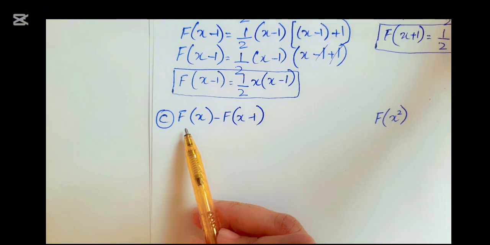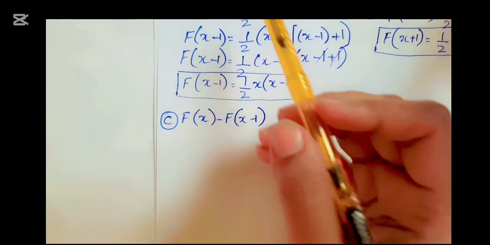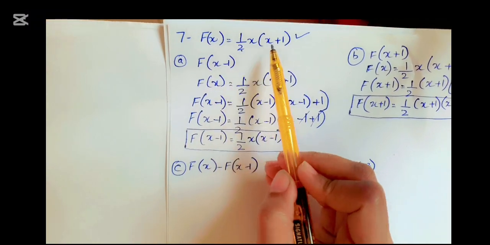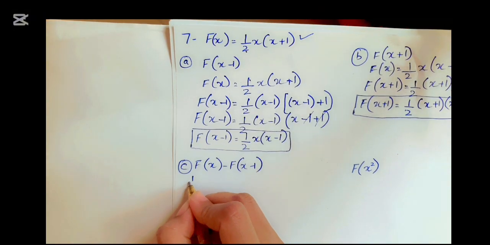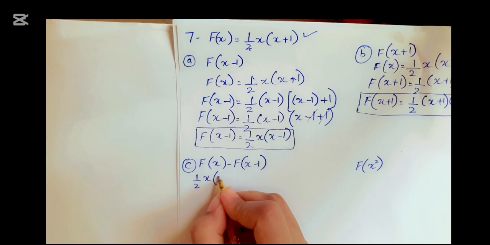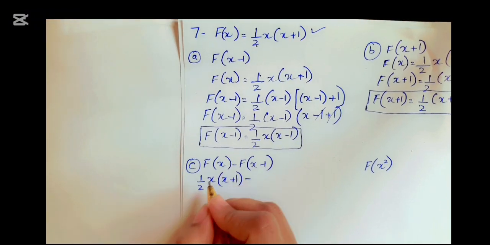Now move to part C. Part C is f(x) - f(x - 1). So see over here, the value of f(x) is already given in the question. f(x) is equal to half x(x + 1). So in place of f(x) I am writing half x(x + 1) and now write the minus sign as it is.